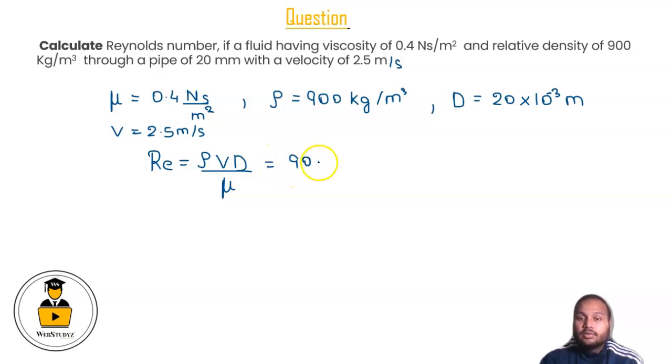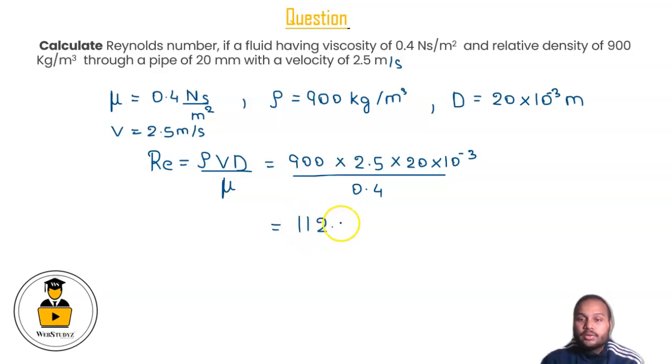We get 900 into 2.5 into the diameter, that is 20 into 10 to the power minus 3, divided by 0.4. If we multiply and solve all these, we are going to get 112.5, and there will be no units since Reynolds number is a dimensionless quantity.